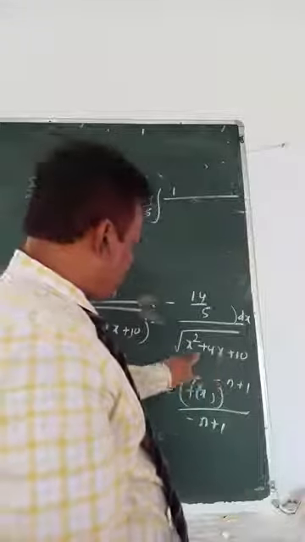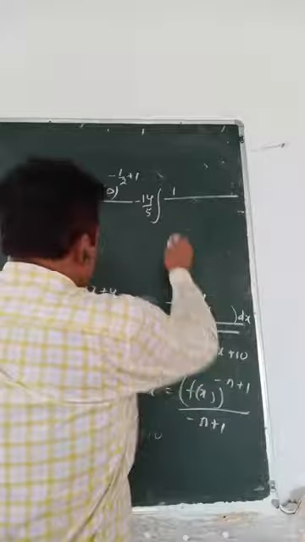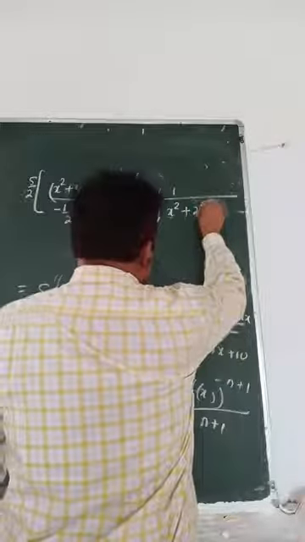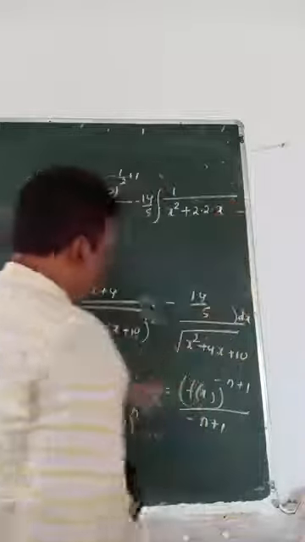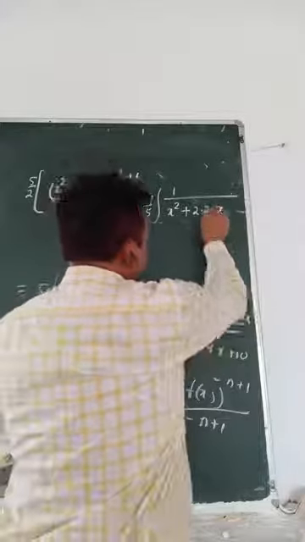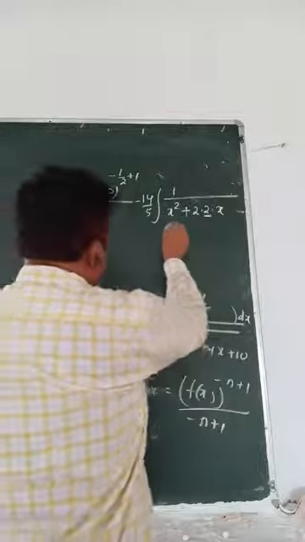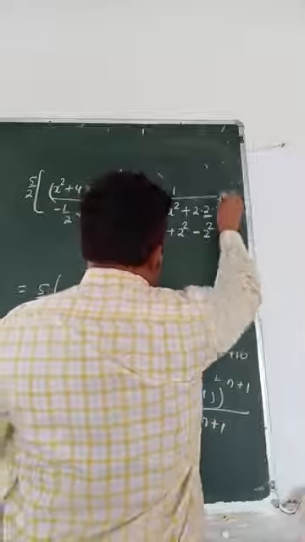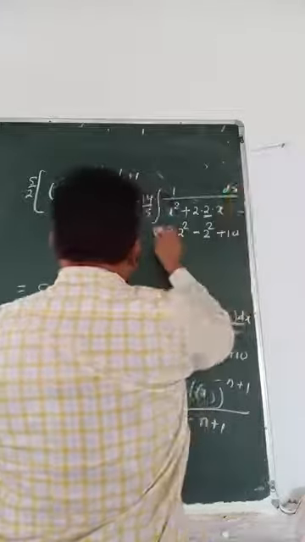Now complete the square. How to complete the square? x square plus 4x, 2 into x, 4x is 2ab. What is b now? This is your b. So plus 2 square minus 2 square plus 10 dx, under square root.